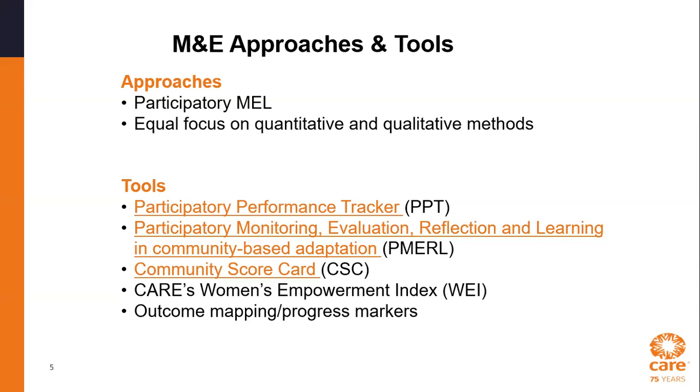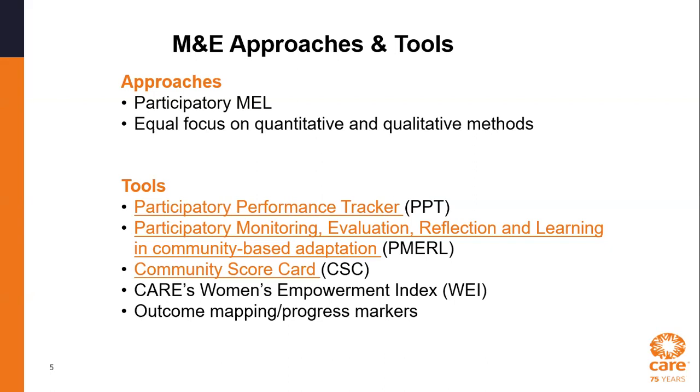The participatory monitoring, evaluation, reflection, and learning, or PMERL, is a simple and participatory tool which enables communities to lead their own continuous process of investigation and learning. The PMERL tool collects information that vulnerable groups and their representatives need in order to track how well community-based adaptation interventions are working, and to enable them to strengthen adaptive decision-making at the community level.